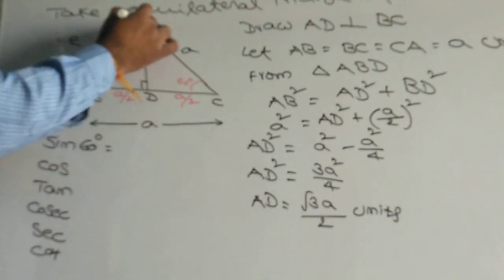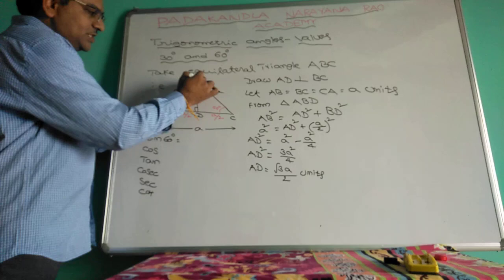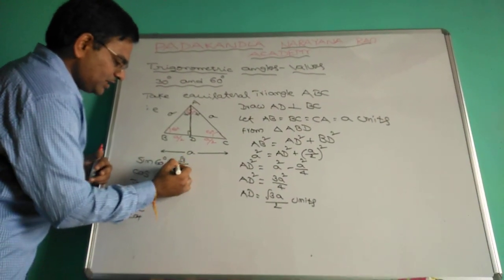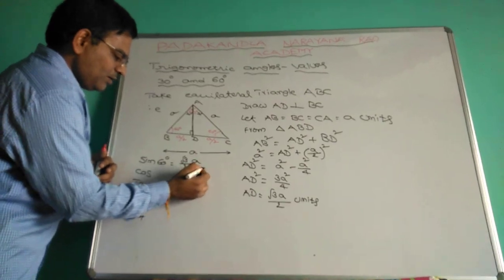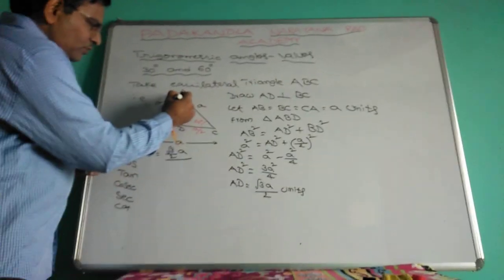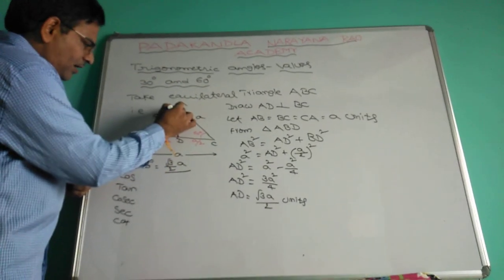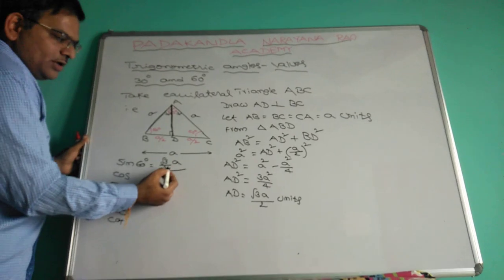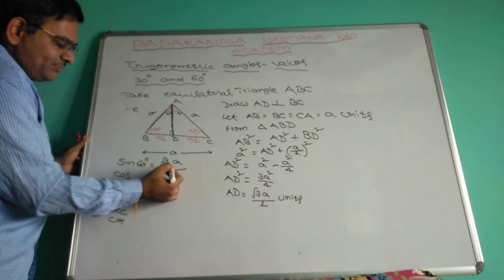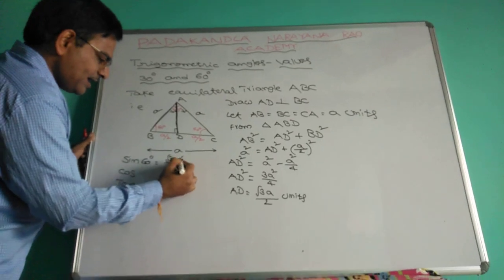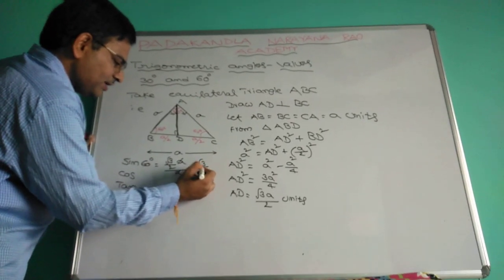Opposite side by hypotenuse. Opposite side means AD length, root 3 by 2 A. Sine 60 equal to opposite side by hypotenuse, that means AD by AB, root 3 by 2A, AB length will be A. A cancel. That equals root 3 by 2.